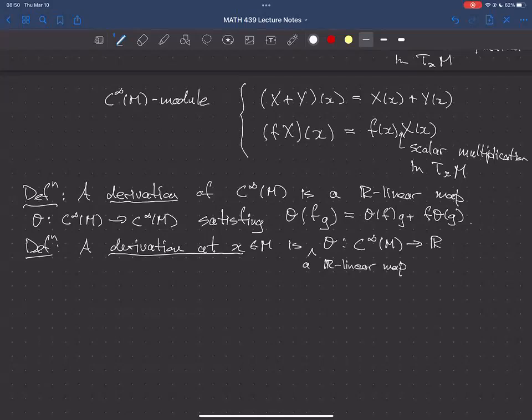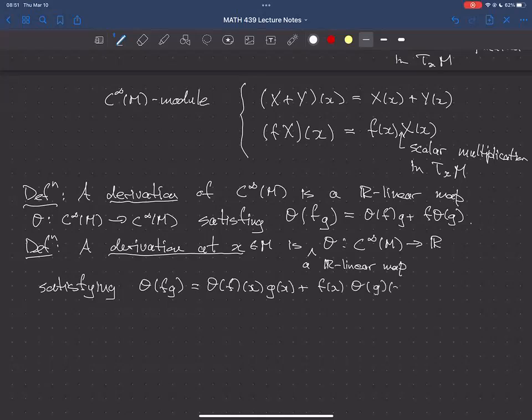Okay, so it's a real linear map that satisfies a rather similar formula to the one above, except now I'm going to be just evaluating everything at x. So theta of f g is theta of f times g of x plus f of x theta of g.